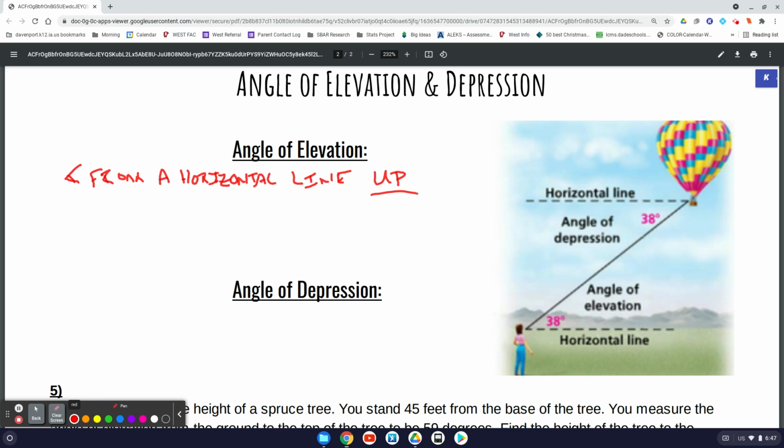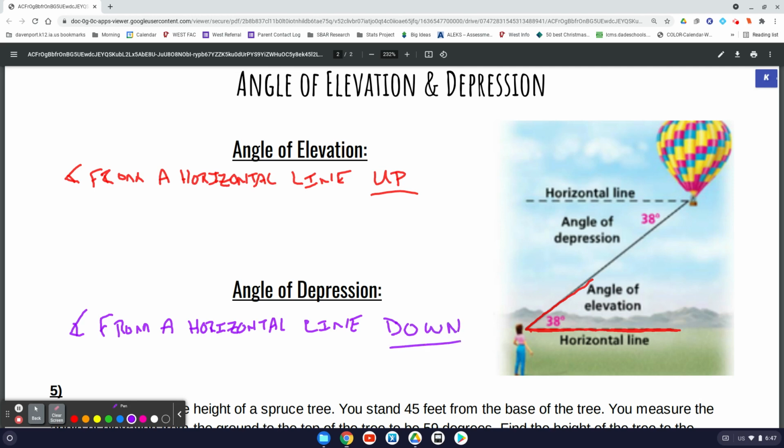So if you look at the picture, here's our horizontal line. Angle of elevation then goes up. Then angle of depression is the angle from a horizontal line, but this time down.